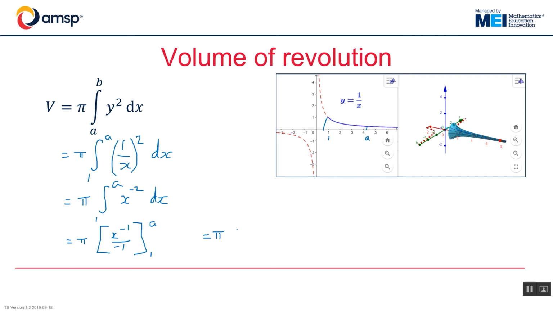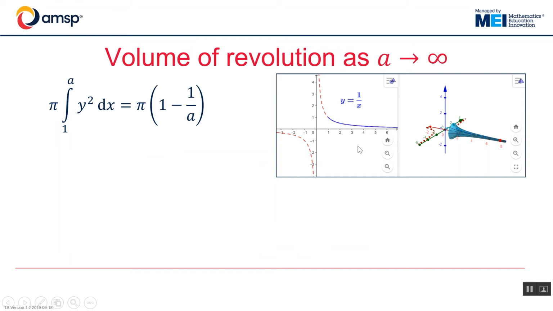If I substitute in A, I get minus 1 over A, and if I substitute in 1, I get minus 1, or plus 1. This could obviously be simplified a little bit to say it's pi multiplied by 1 minus 1 over A. So that's the volume from 1 to A, from here to here.